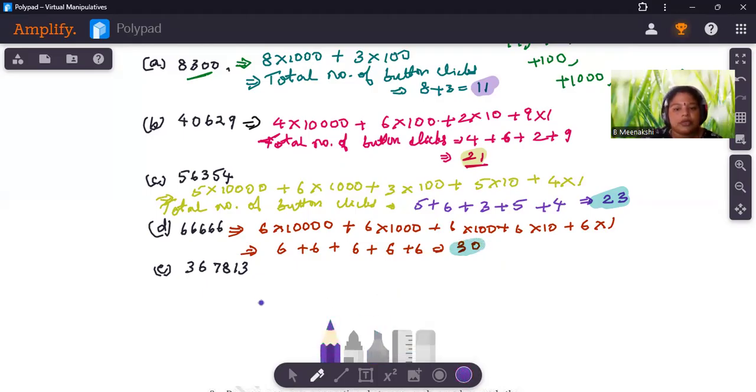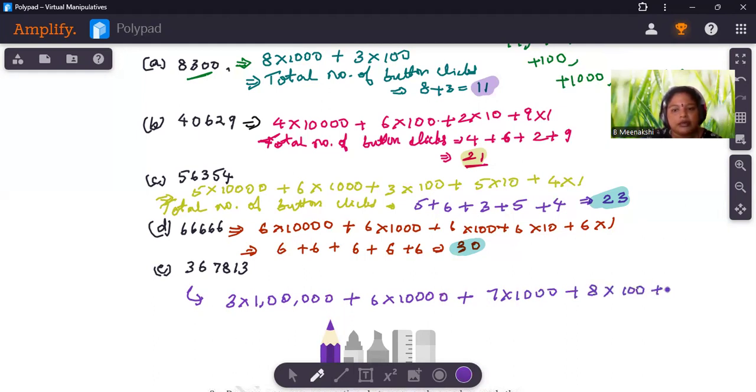Last but not the least, 3 into 1 lakh plus 6 into 10,000 plus 7 into 1,000 plus 8 into 100 plus 1 into 10 plus 3 into 1.